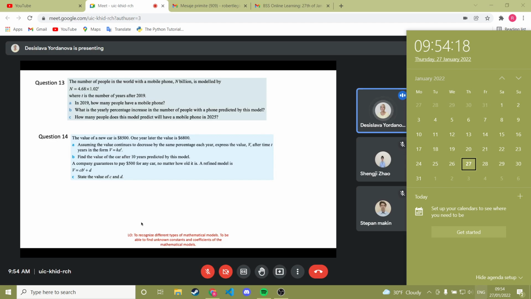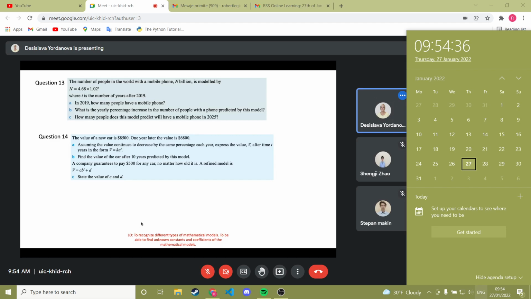Having that V equals C times b to the power of t plus 500, use again the information that the new car is 8,500. So what is C then? Isn't it the same, 8,500?